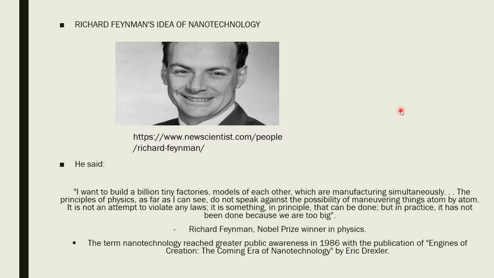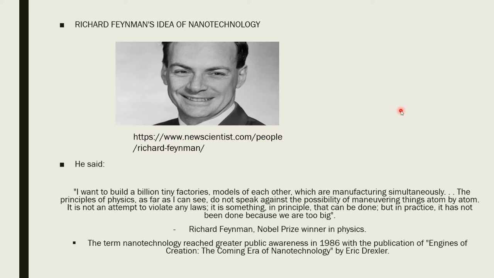In his famous 1959 lecture, named There is Plenty of Room at the Bottom, he first proposed that the properties of materials and devices in the nanometer range would present future opportunities. And he was right. Nowadays, many things at the nanoscale are being used in every field, and many future opportunities are also there in this field.